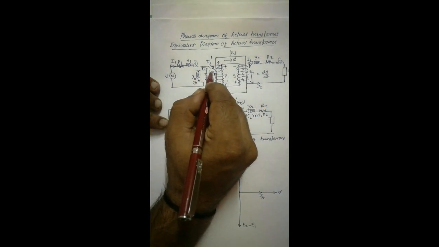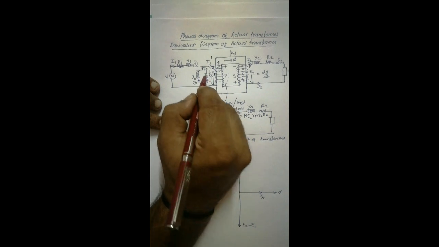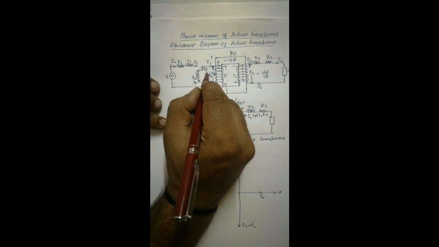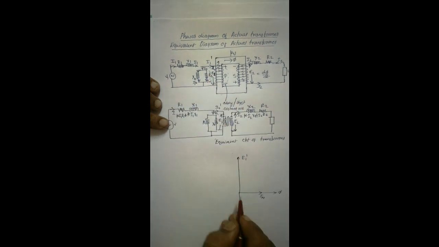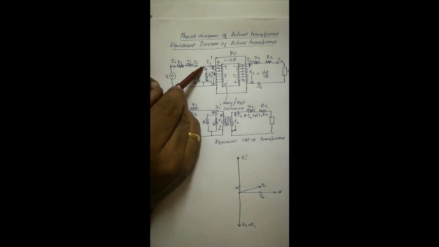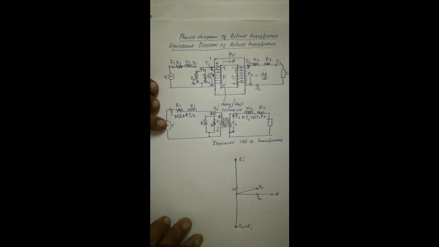And there is another component, I1 and R1, which is in phase with the voltage because it is purely resistive. That we can say is IW. Then the resultant of these two vectors gives the no load current I0. This I0 we get.